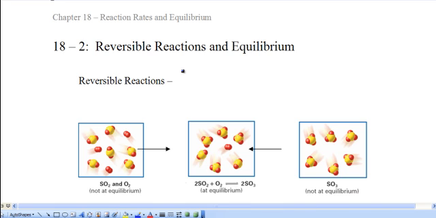A reversible reaction is one in which, let's go ahead and define this.